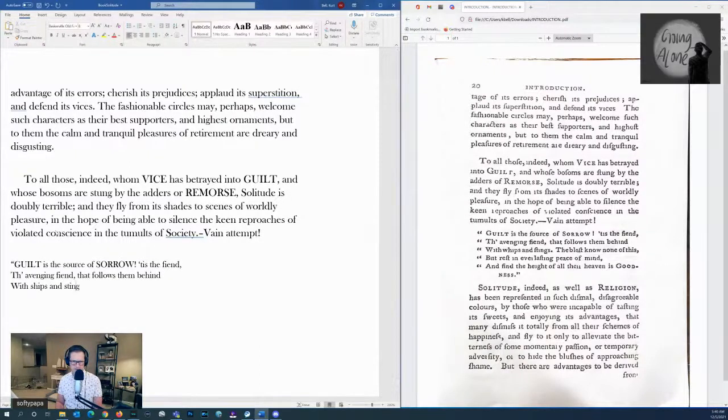It's interesting. The blessed know none of this, but rest in everlasting peace of mind, and find the height of all their heaven is goodness.